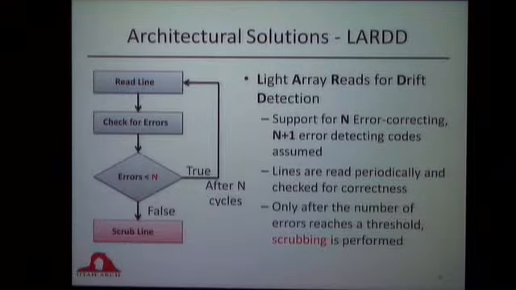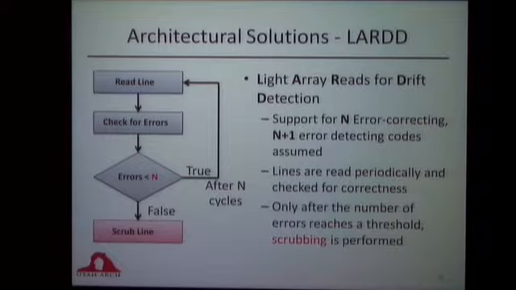In order to do that, what we propose is using something called LARD. Pardon the nomenclature, but just bear with me. LARD stands for Light Array Reads for Drift Detection. What we assume here is that we have support for n error detecting, n error correcting, n plus 1 error detecting ECC.